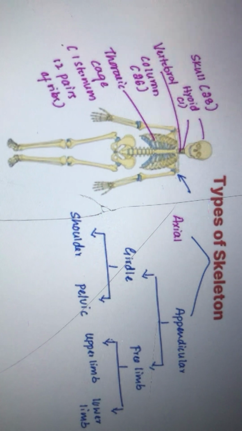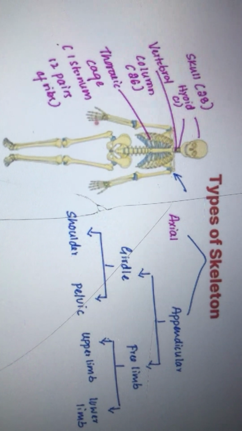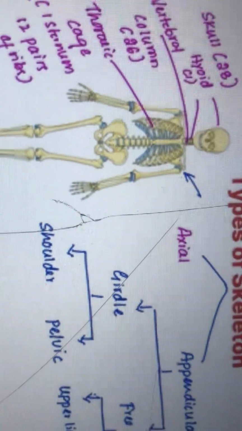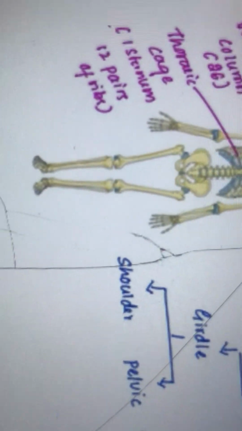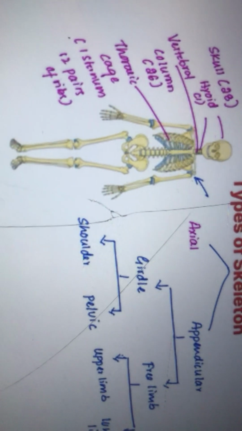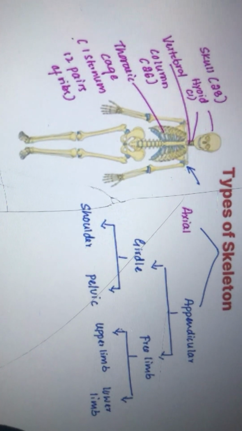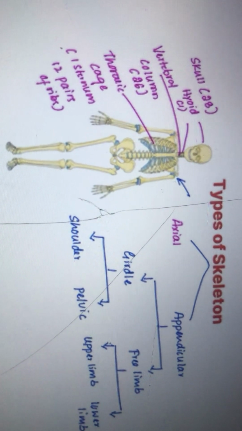So these are included as bones of the free limb. The pelvic girdle is mainly formed by the hip bone, whereas bones of the lower limb are formed by the femur. Then we have the tibia and the fibula. And then we have, of course, the skeleton of the foot containing 7 tarsal bones, 5 metatarsals, and 14 phalanges. This is how we group the bones of the human skeleton, right?